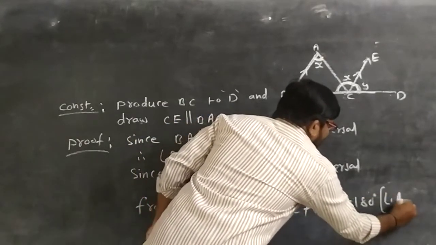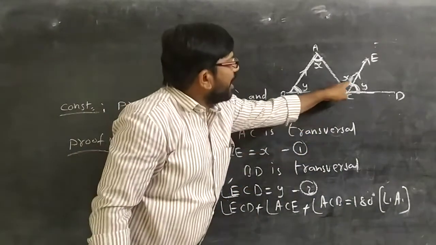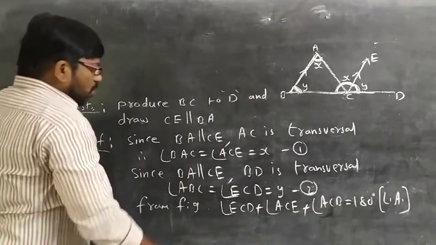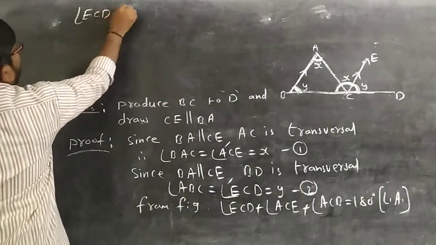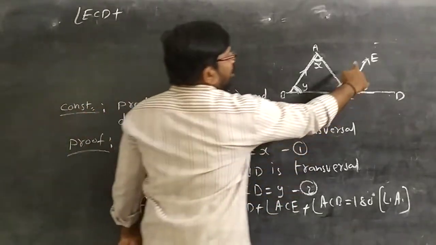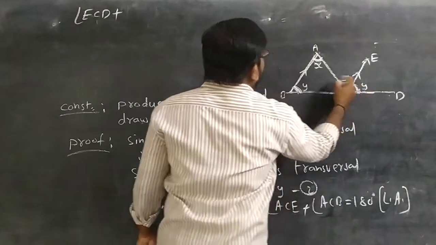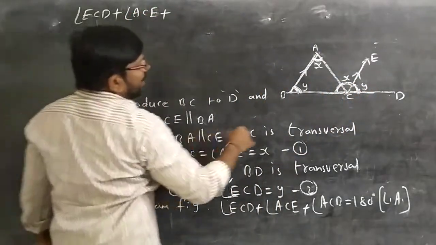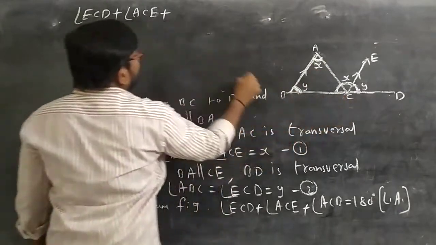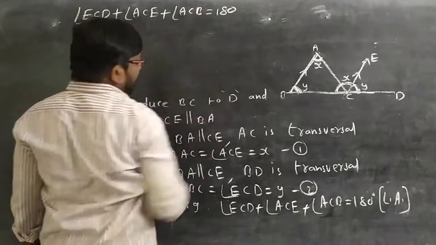They are linear angles. The three angles form a straight line, right? So once again listen, angle ECD plus angle ACE plus angle ACB is equal to 180 degrees.